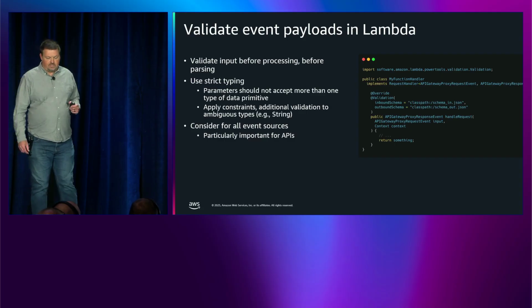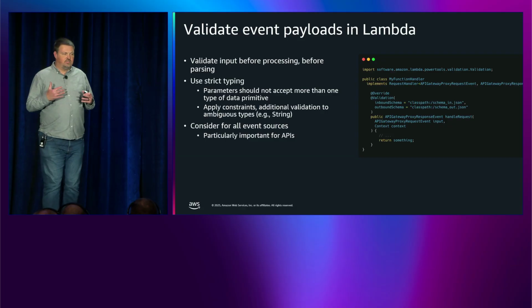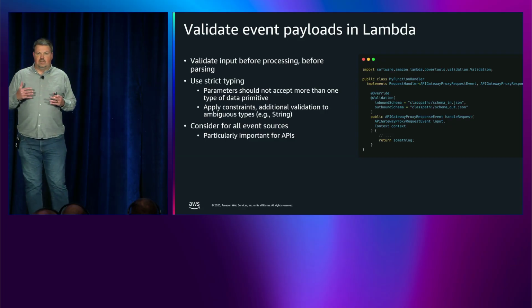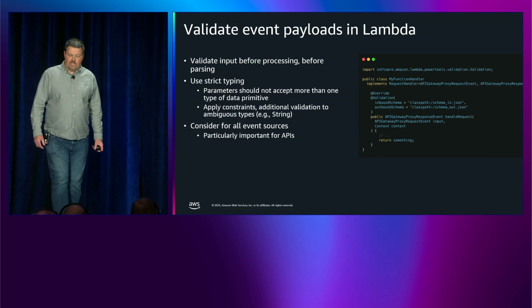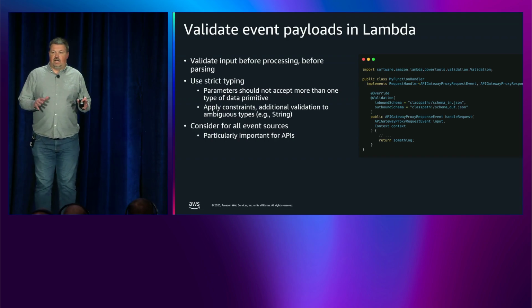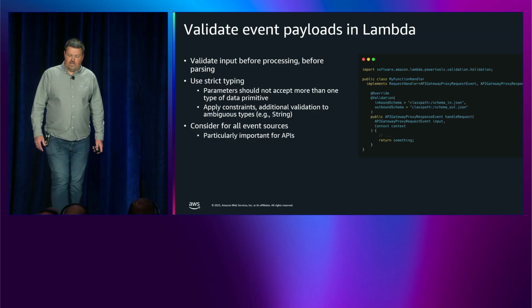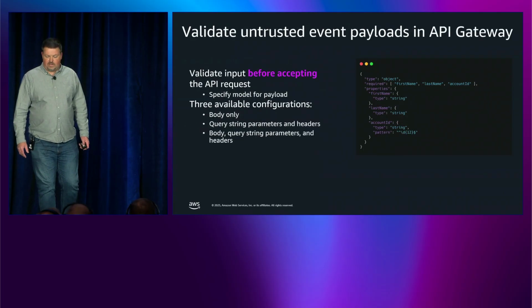You can see here, this is a brief example where we're importing that Powertools dependency, and that's going to help us validate very easily in Lambda. There are some really good Powertools sessions going on this week. There's a team at AWS now that develops and owns that for us, so I definitely encourage you to take a look at that.